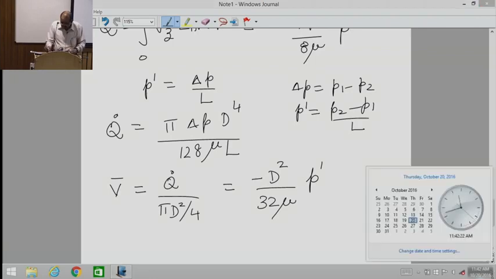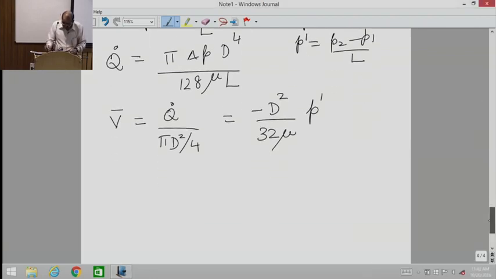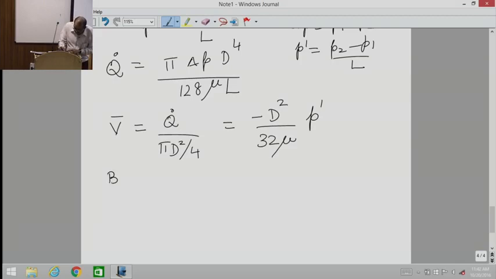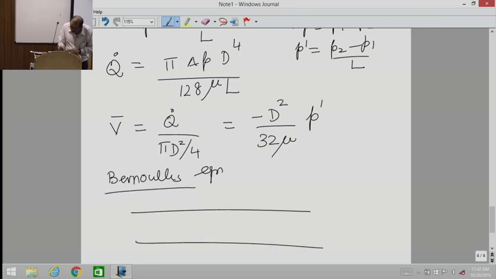So now, if we think in terms of Bernoulli's equation, and let's say, in fact, what I'm going to do is let me make it slightly more general.